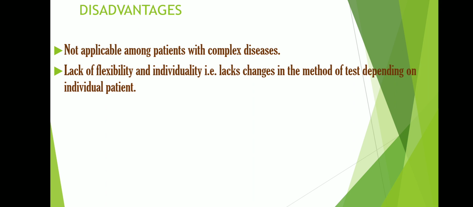So you can't go for any other method. The diagnostic systems are not for an individual; they are common types of tests. You can't make your test individual for any particular patient, so there is a lack of individuality and flexibility.